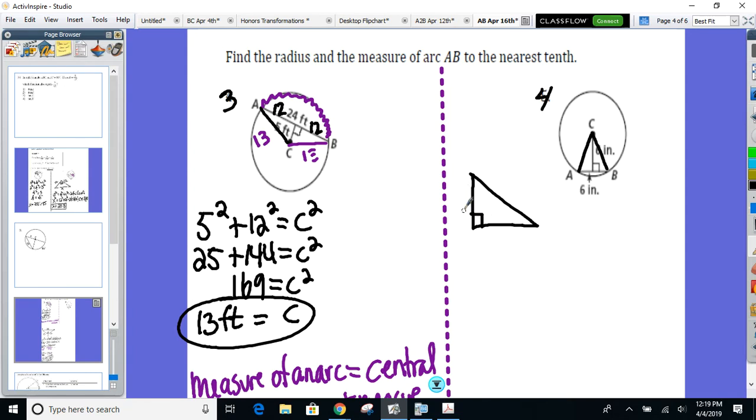You got 6, and that breaks it up into 3 here. And what's my hypotenuse length right there? So Pythagorean theorem. Come on, you're better than that.